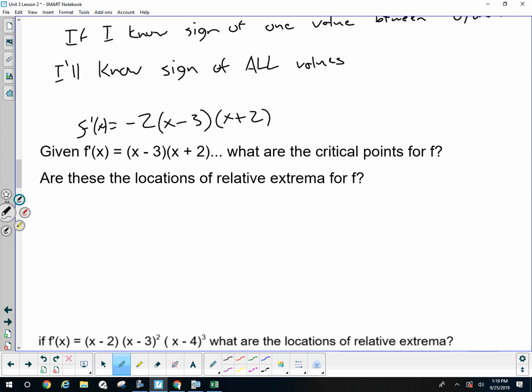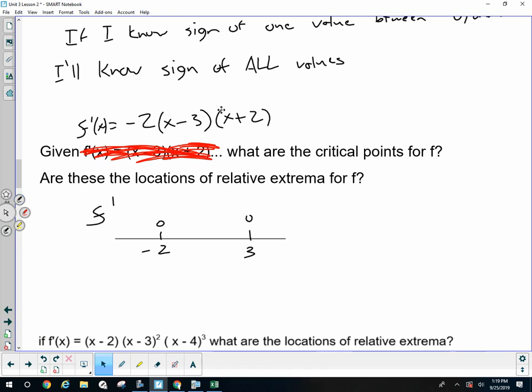I set it up so that you can do the sign analysis right away. Just practicing the analysis of the signs of f prime. Make sure you put your zeros in order. That will help you. Make sure you include that negative 2.